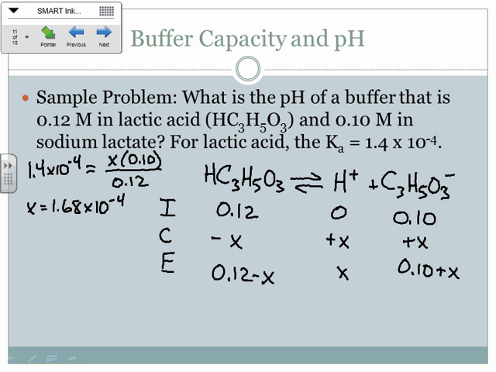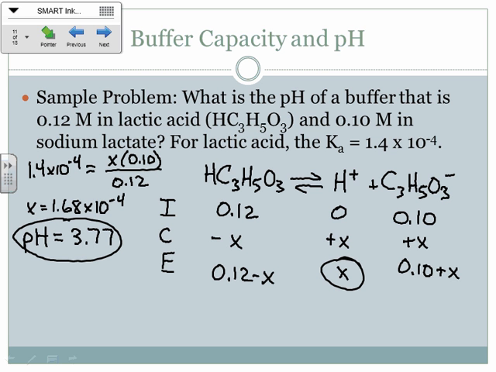And you take the negative log of that because the x is telling us our H plus concentration, right? That will give you your pH. 3.77, okay? That's pretty simple, right?